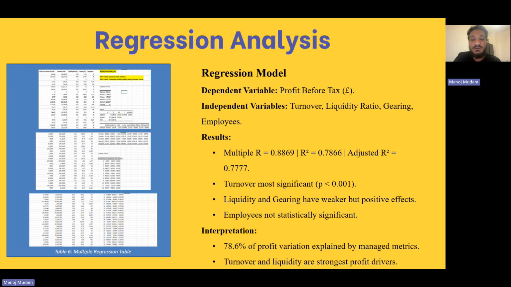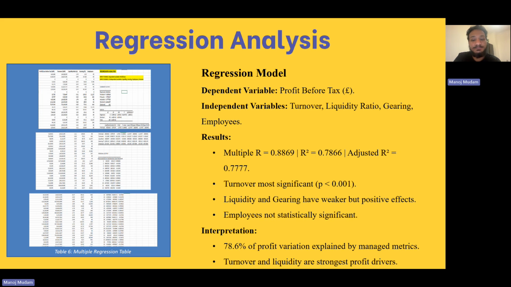There is a high positive correlation between turnover and profits, which indicates increased revenue normally implies increased profitability. Net worth is also clearly related to turnover, a strong relationship. You can see in the regression model the dependent variable is profit, and the independent variables are current ratio, gearing, workforce size, and so on. Gearing exhibits a weak negative effect, impacting profitability through labor forces and debts. This is about the regression analysis.